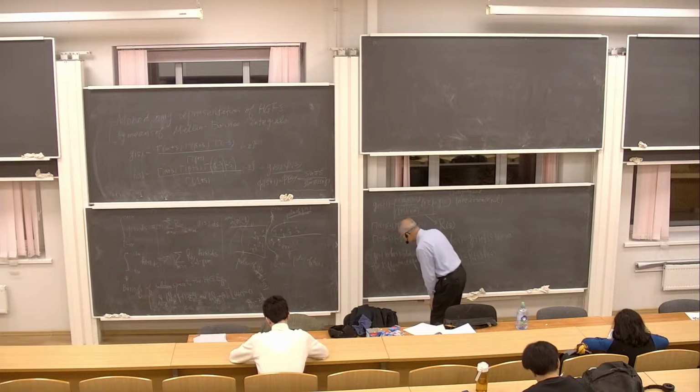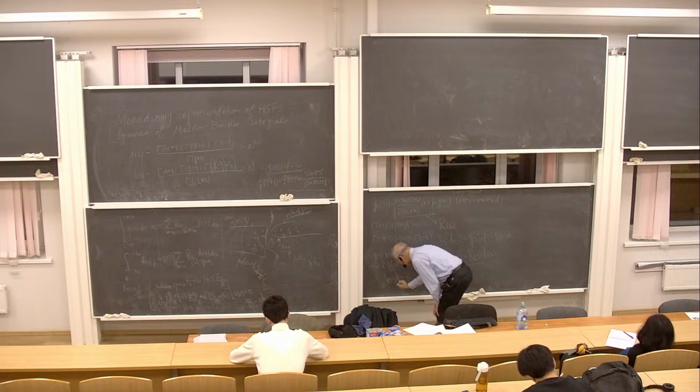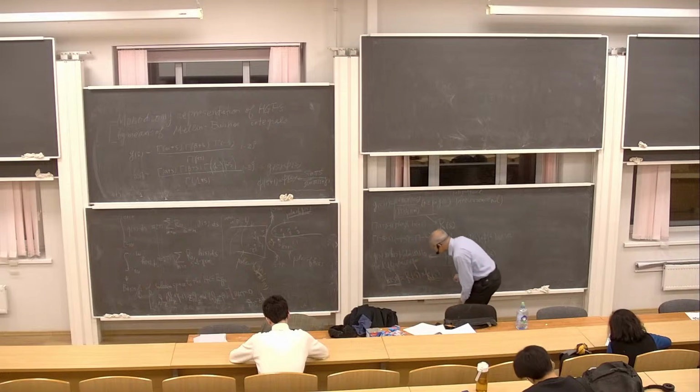That is, K(s+1) equals R(s) times K(s), with R(s) a rational function. I denoted by K(s) this unknown function to be found.